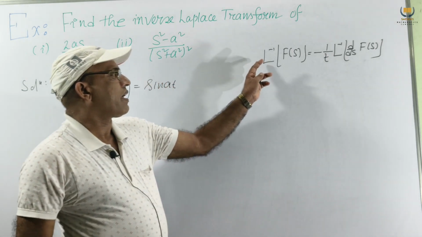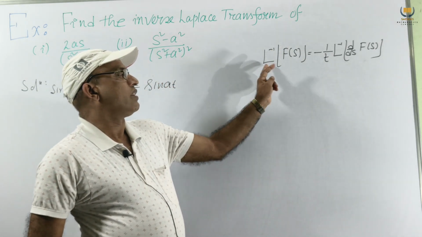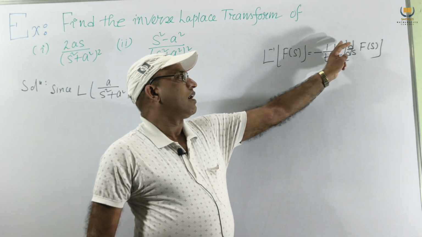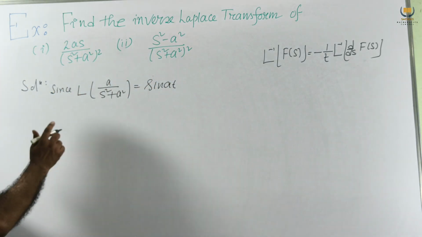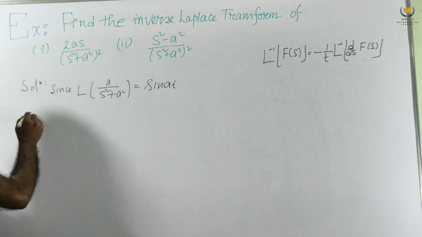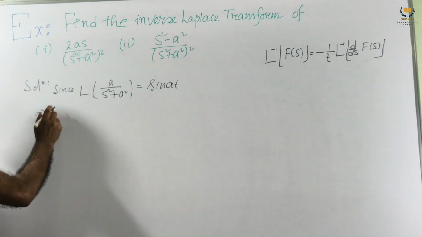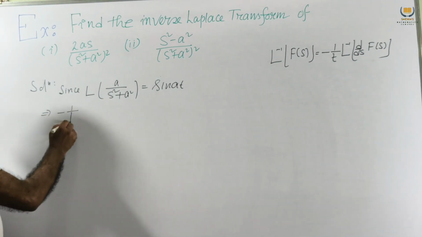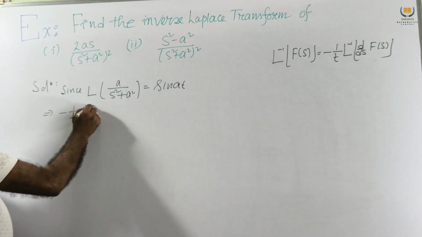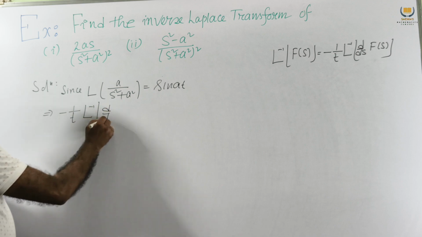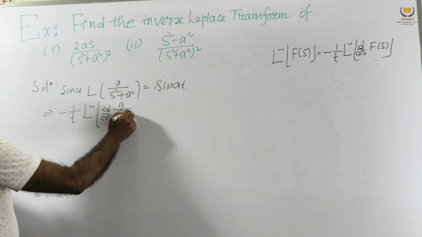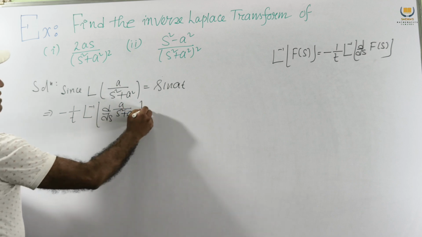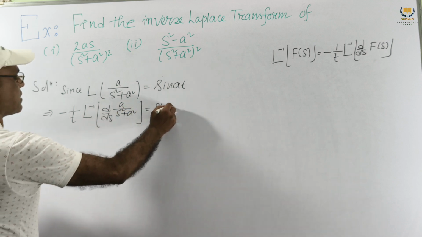So if we multiply by minus 1 by t, then we get L inverse of d/ds of F(s). So we multiply this side by minus 1 by t, then this will be L inverse of d/ds of a by s² + a². We get sin at.